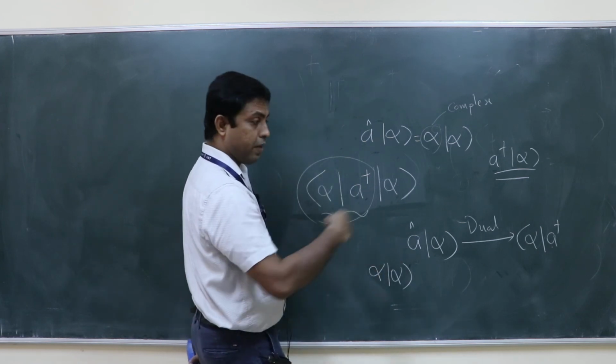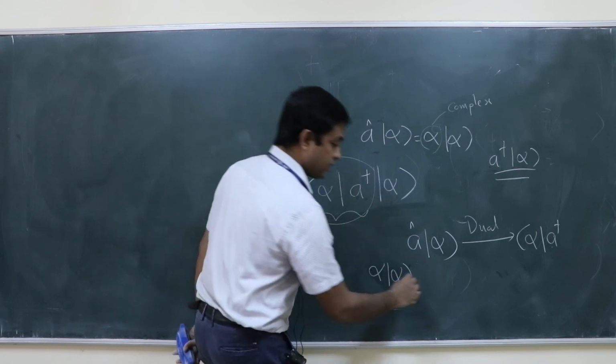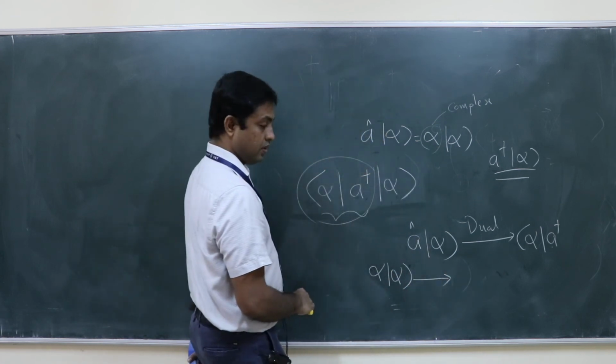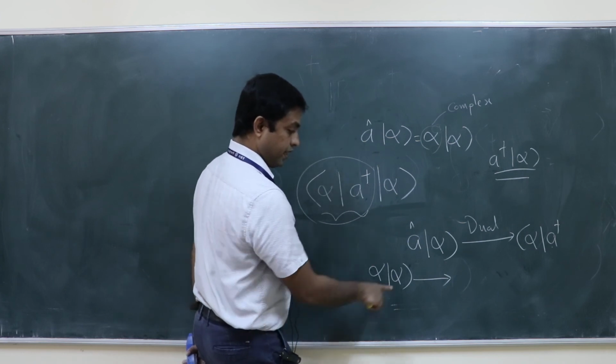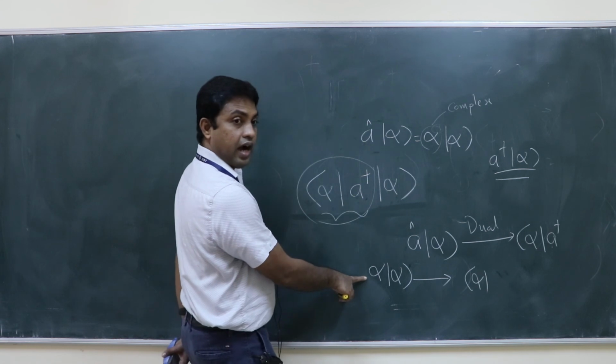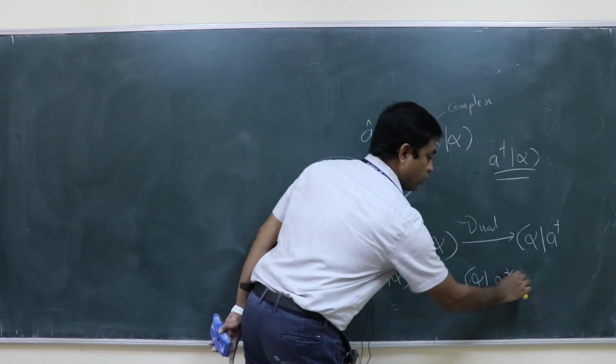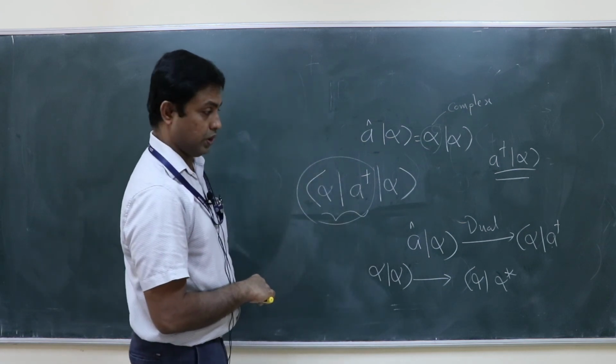Now I have to bring it back to the bra space. So what is the corresponding bra? Ket alpha will become bra alpha. Alpha in the bra space will become its complex conjugate.